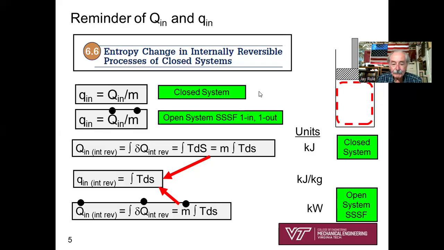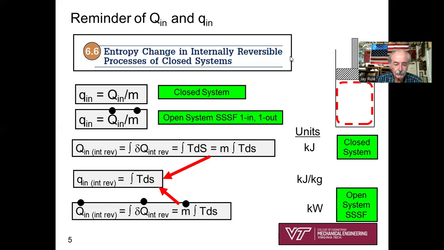Another very common situation in engineering and the rest of this course is little q in for an open system that's steady state, steady flow, with only one inlet and one outlet, like a steam turbine, an air turbine, an air compressor, a pump. All those have one inlet, one outlet, and typically we treat them as steady state, steady flow.